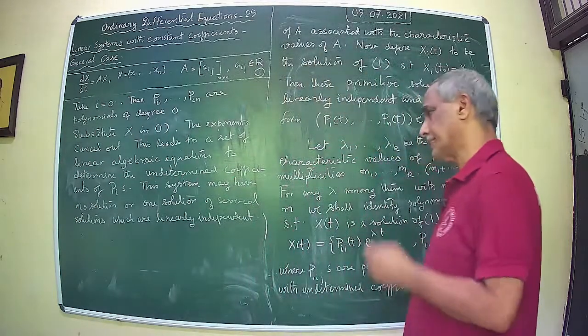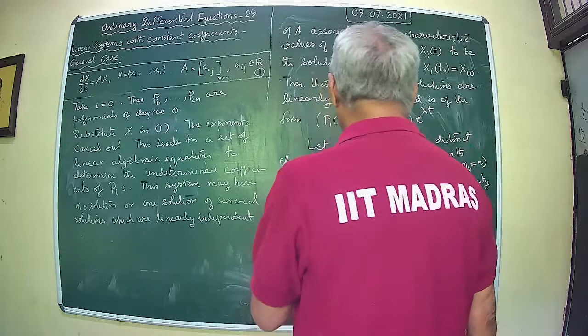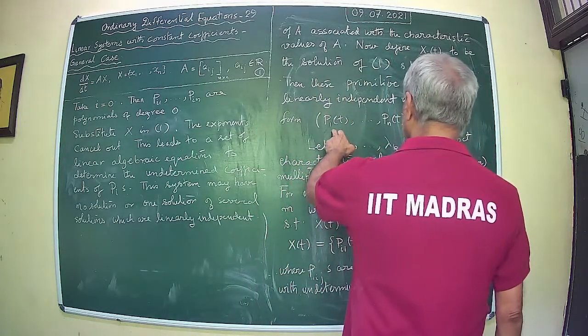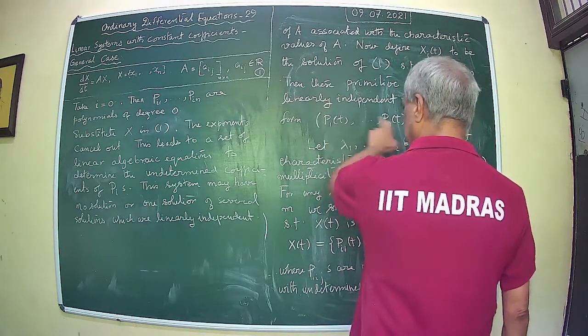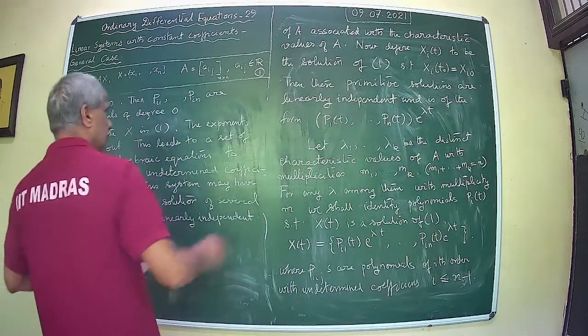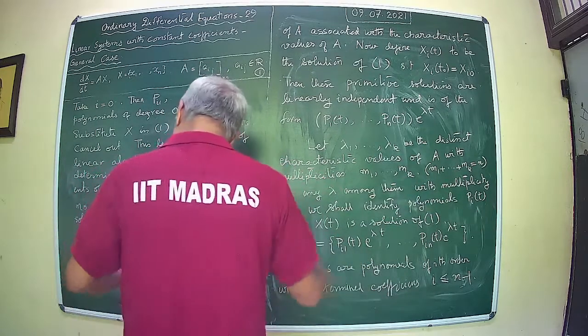So starting with the first stage, you write these polynomials as just x1, x2 etc., some constants. In the second stage, you substitute in the equation, equate coefficients on either side and then solve.